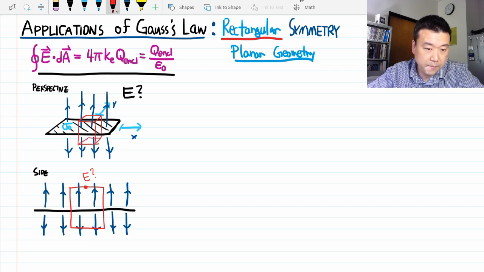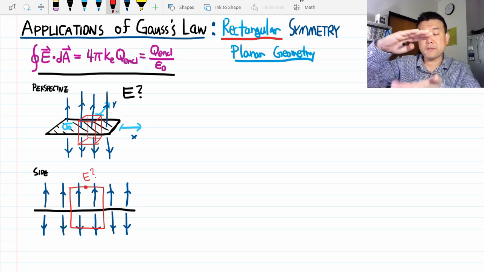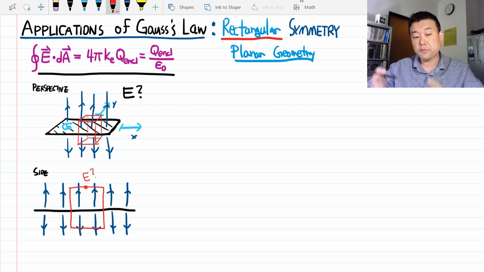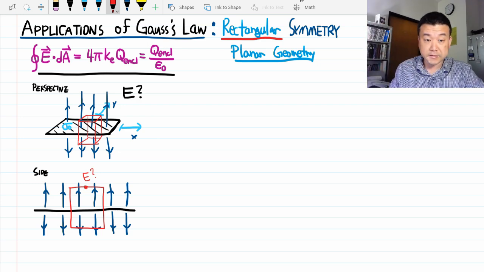You have top and bottom bases. It can be any shape; I prefer the rectangular shape. Really, those top and bottom surfaces are what we want. But to be able to apply Gauss's law, we need to connect them into a closed surface. That's really why the side surfaces exist.